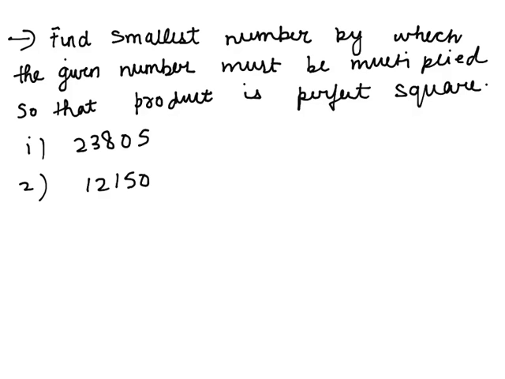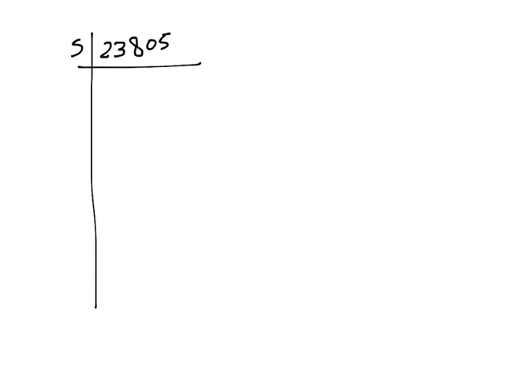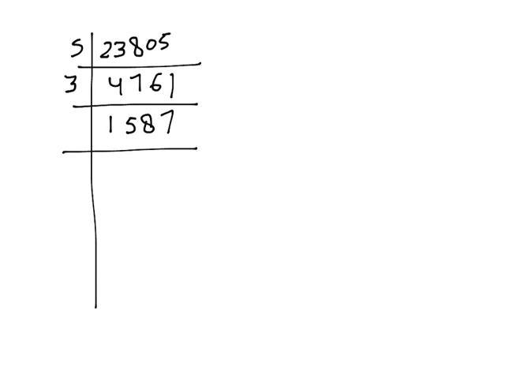So let's start the prime factorization method with 23805. Let's start by dividing it by 5. When we divide it by 5, we get 4761. Then this number is not divisible by 5, but it is divisible by 3. So we get 1587.